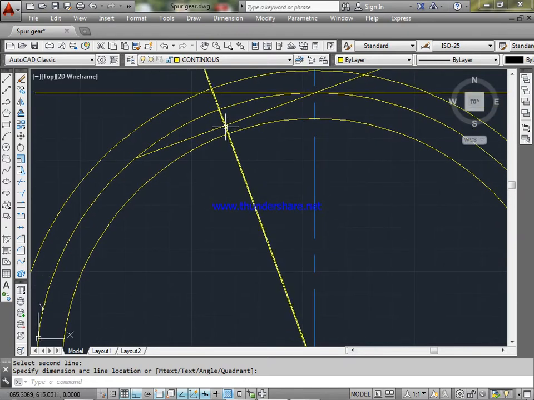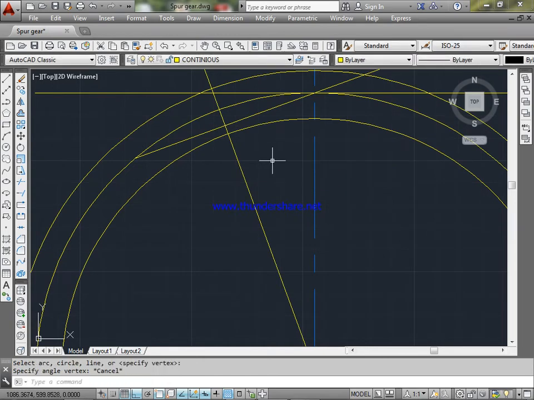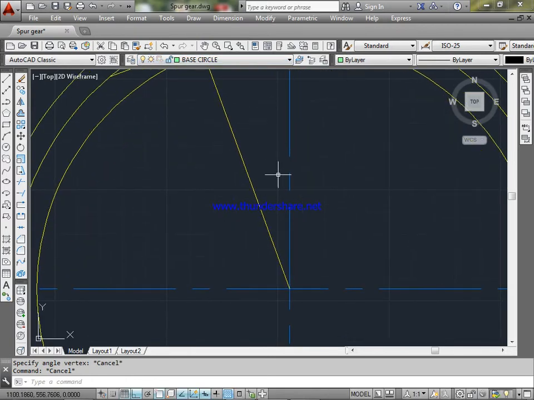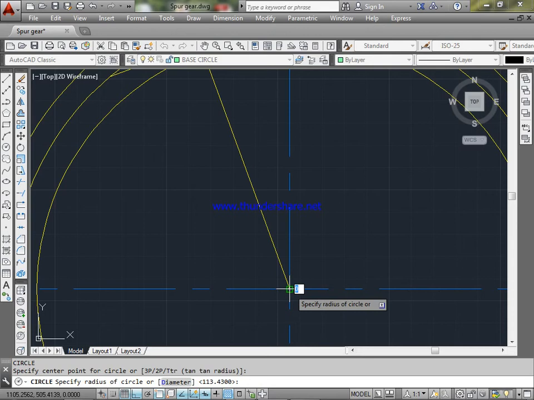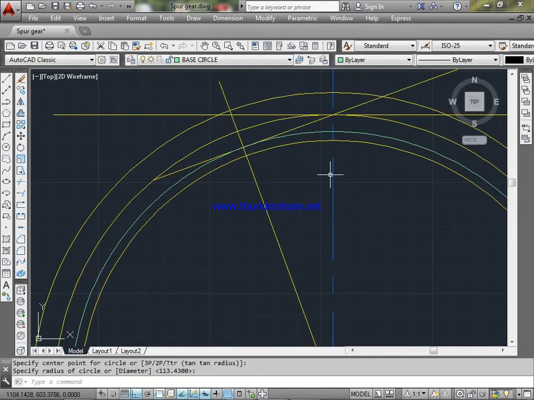Through this point, we draw a base circle. Here is the base circle.